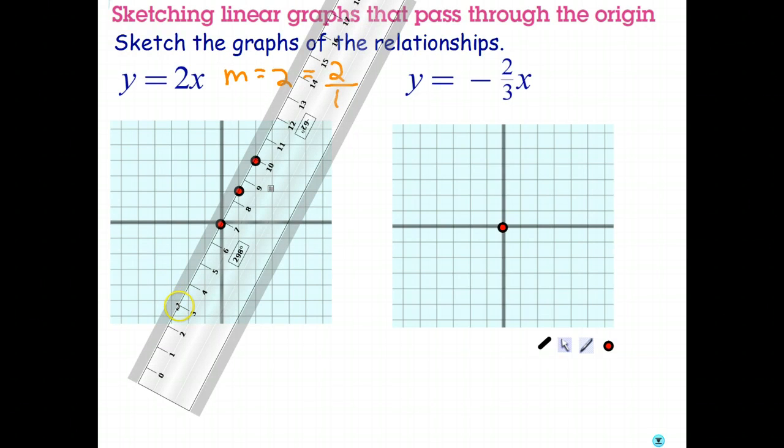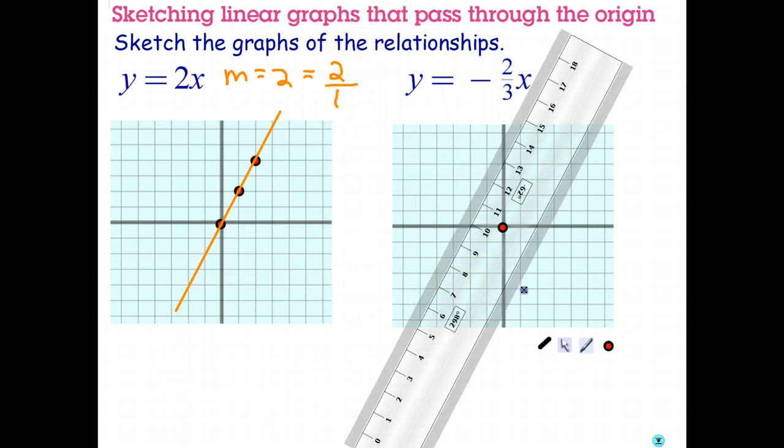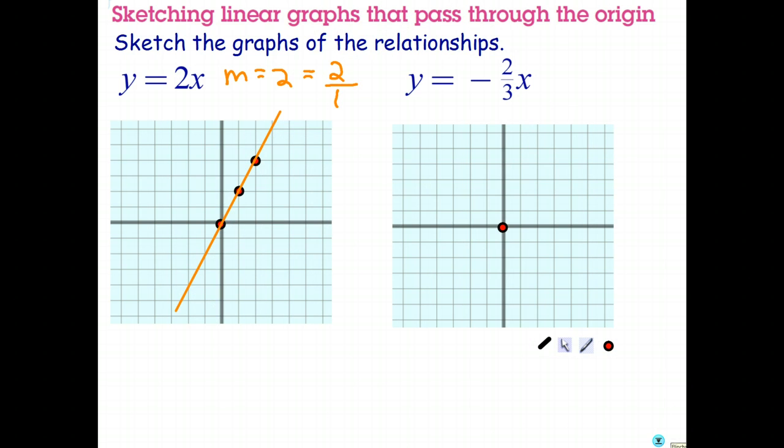Okay, let's go ahead and draw the line and remove the ruler. And there's the graph of y equals 2x, which passes through the origin. The y-intercept is 0. That's why there's no constant term on the end.